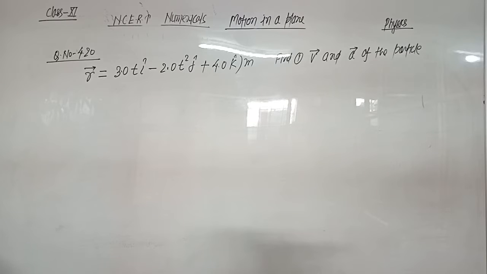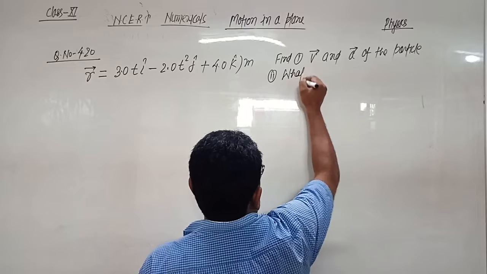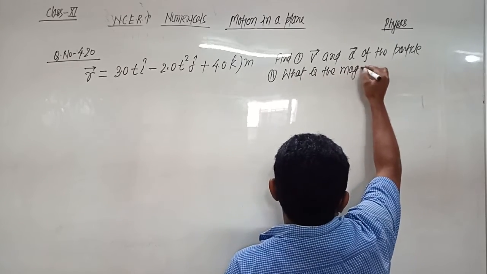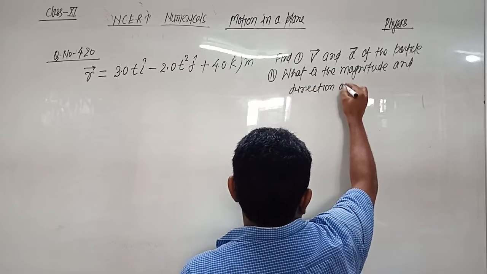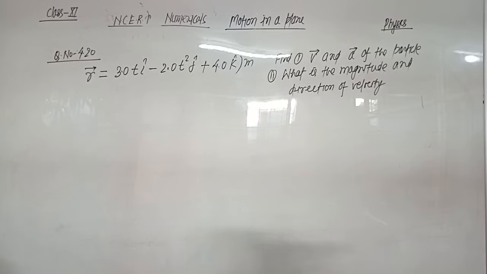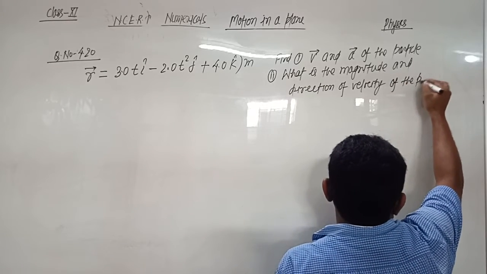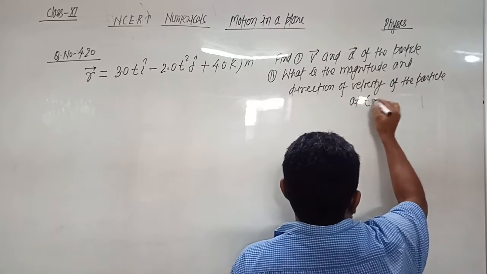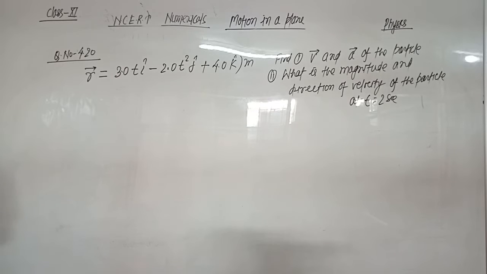The second part is: what is the magnitude and direction of the velocity of the particle at time t equals 2 seconds?